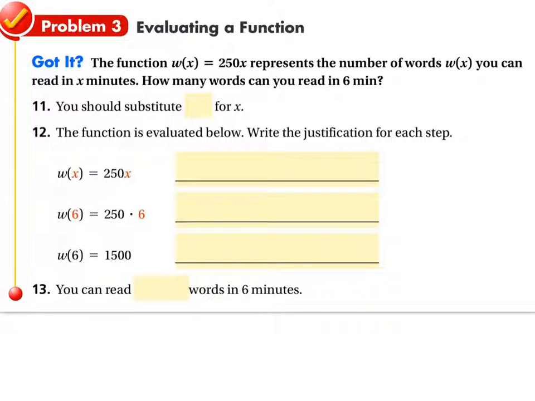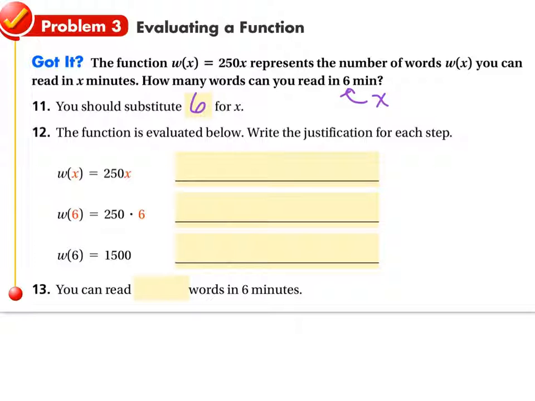Problem number 3, we will be evaluating a function. We are considering the function w of x equals 250x, which represents the number of words, w of x, you can read in x minutes. How many words can you read in 6 minutes? So 6 is our x minutes. So we're going to substitute 6 for x.